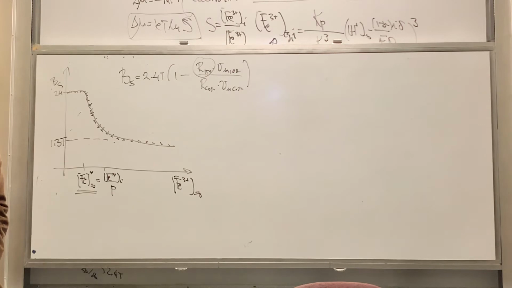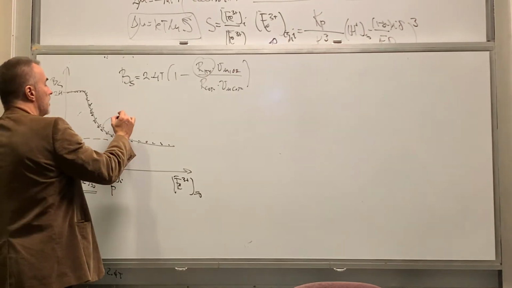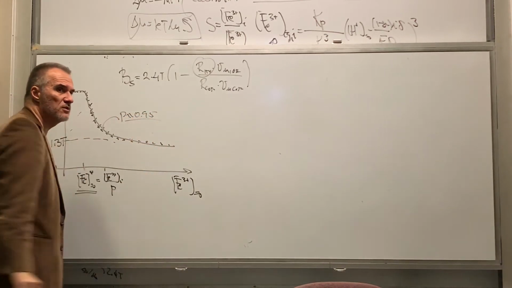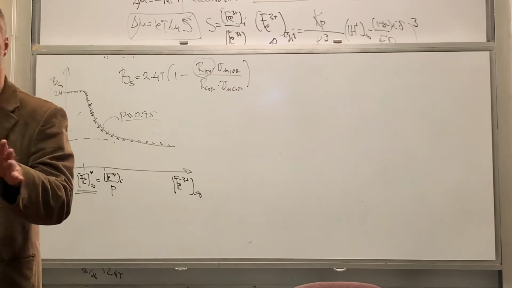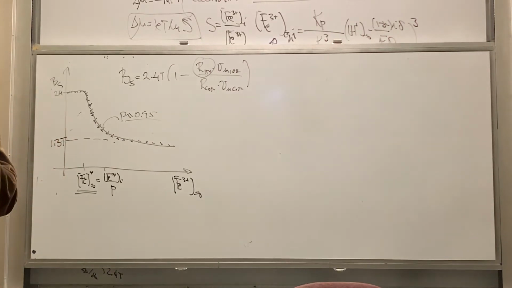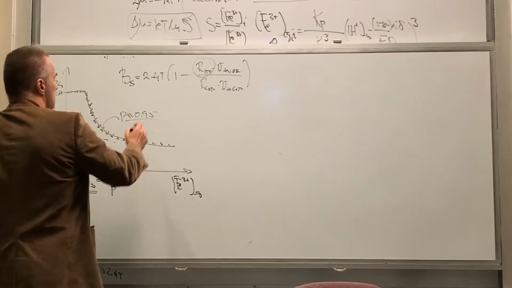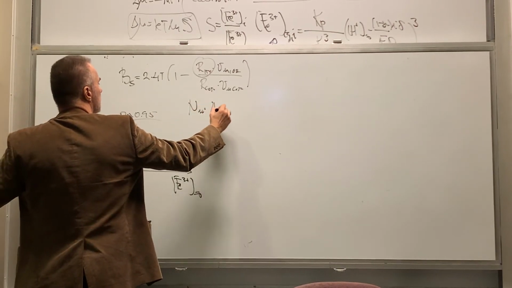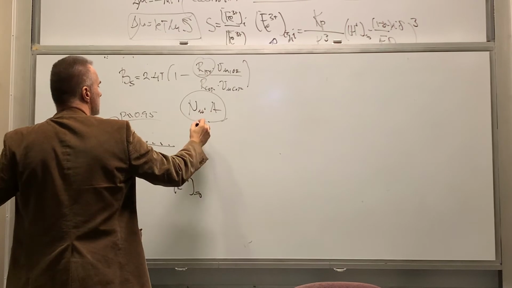The only fitting parameters in this model, whether you appreciate it or not, are P, which becomes 0.95, very close to 1, which means really small depletion of iron 3 at the interface, and this nucleation rate constant, which is Nm times A, which gets some number.